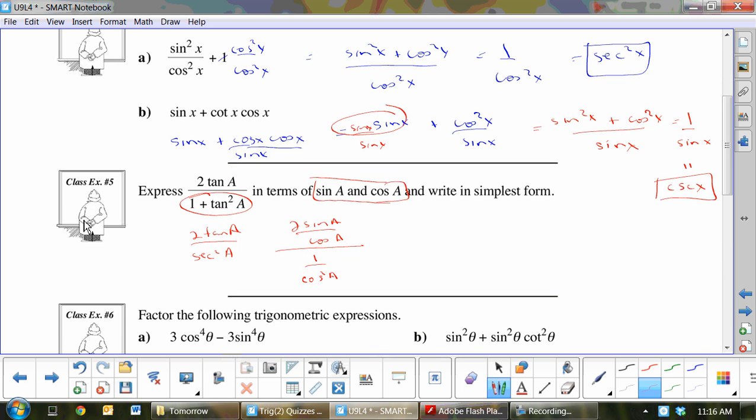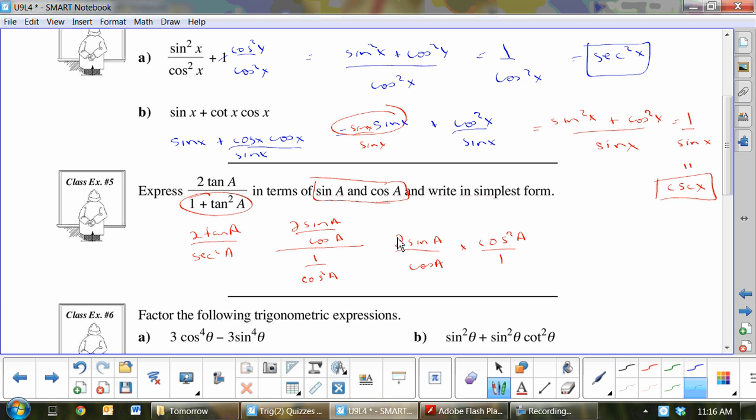Okay. Now division can be quite complicated, so make it into multiplication. 2 sine A over cos A times, remember the reciprocal, right? Cos squared A over 1. So dividing is the same thing as multiplying by the reciprocal.